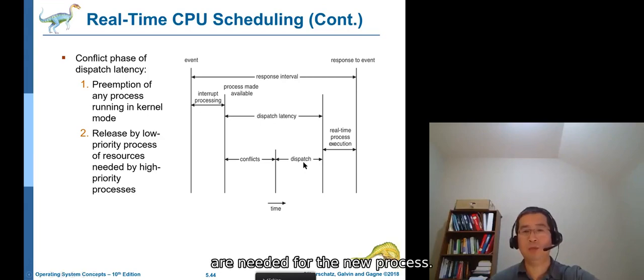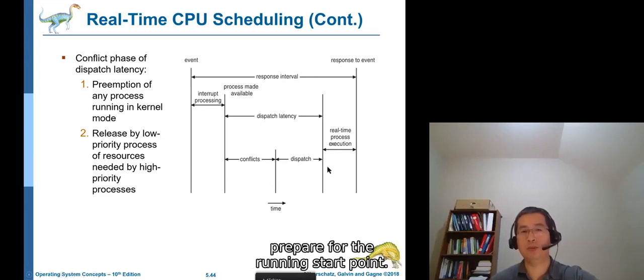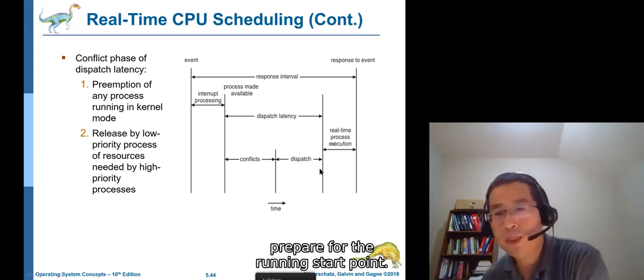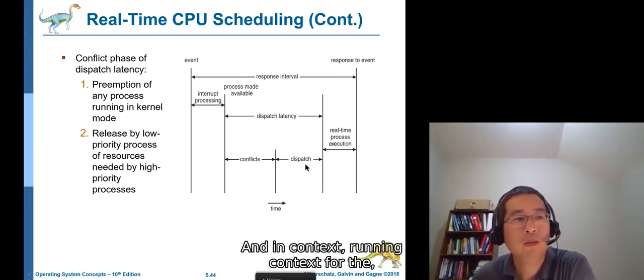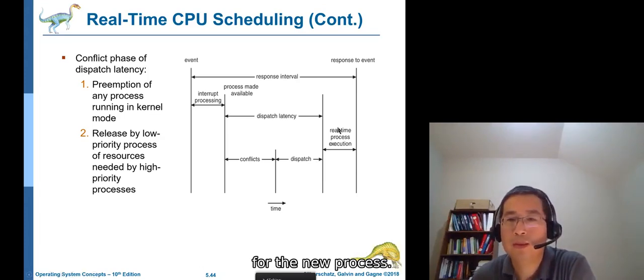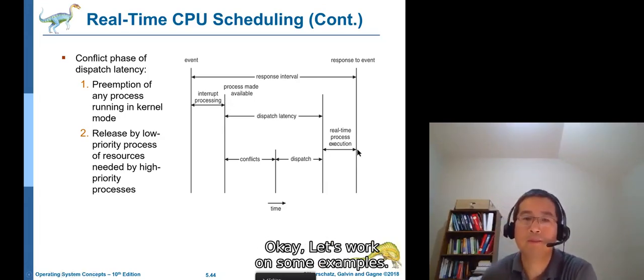So if they are needed for the new process, we must release those resources. Okay, and then prepare for the running start point, running context for the new process. This is really called a context switch.